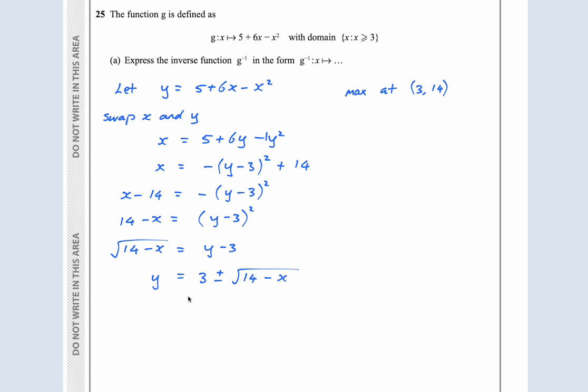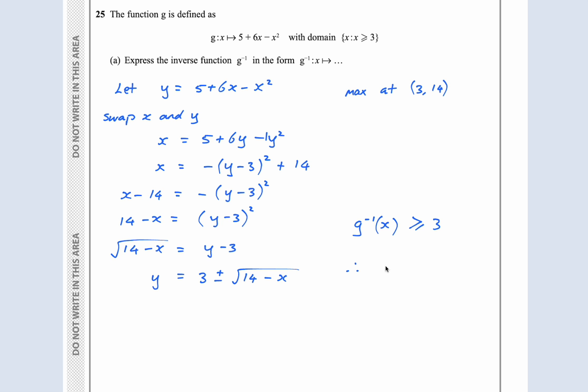So I'm going to say, therefore, y or g minus 1 of x is greater or equal to 3.